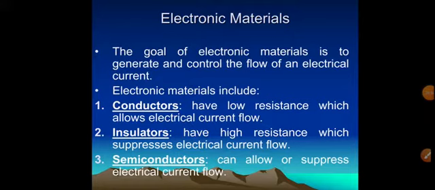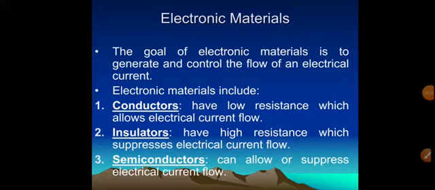Good conductor means their resistance is very low, that's why current flow is more. You know that resistance and current are inversely proportional by Ohm's law, V is equal to IR. So as resistance is very low, current will be high. The examples are all metals. All metals are good conductors.